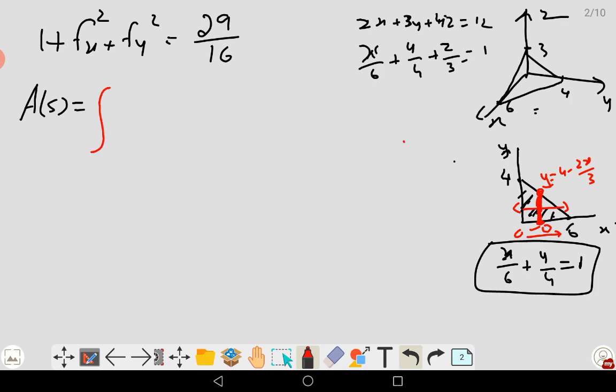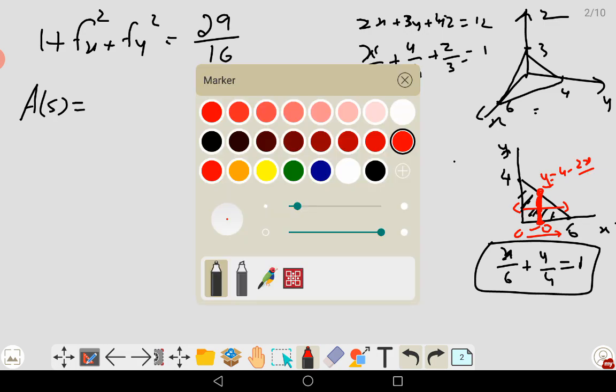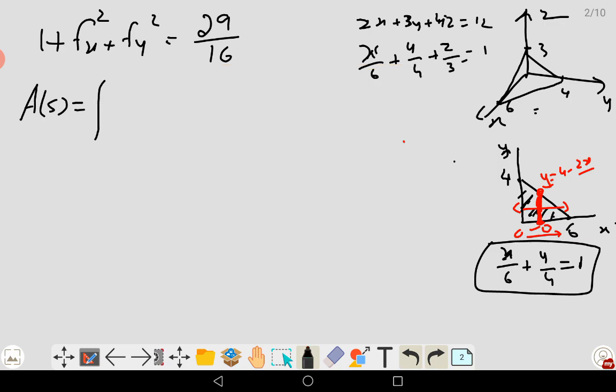Here we go, double integral, x from 0 to 6. I consider this one as type 1 region, isn't it? We start with y first, dy and then dx.